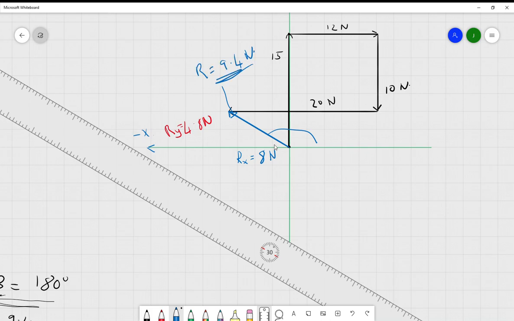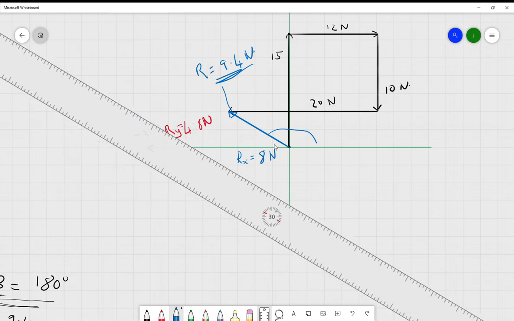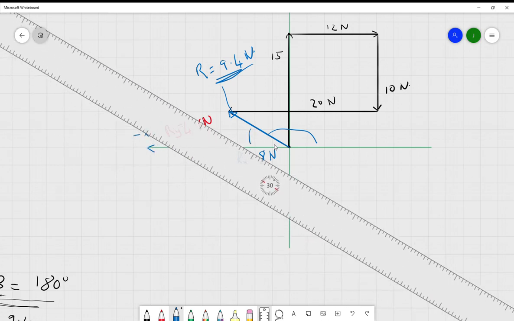newtons. And we've already got the angle here, so the alpha according to this is 30 degrees, but if we were to measure this with your protractor, you will find that beta in this case is 150 degrees, and don't forget, from the positive x-axis.